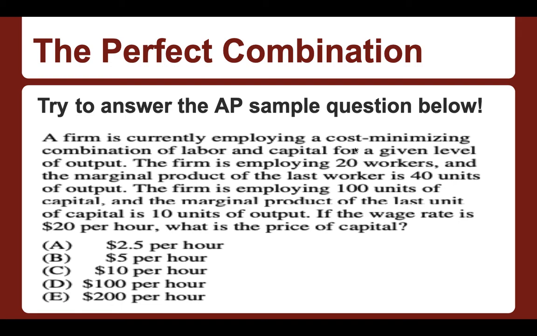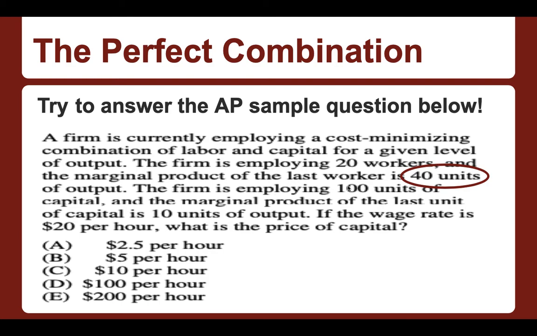They're applying these principles that we just discussed on the previous slides. The firm is employing 20 workers, and the marginal product of the last worker is 40 units. Now that 20 workers isn't really a big deal. What's more important is the marginal product of the last worker. That's our bang, right? That's the benefit in terms of product, 40 units.